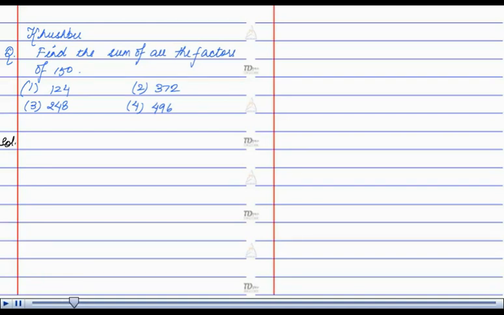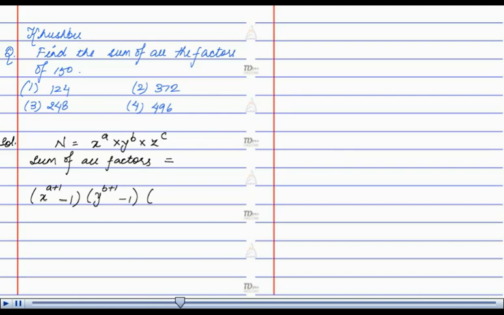We know that if n is equal to x to the power a into y to the power b into z to the power c, then the sum of all the factors of n is given by the formula (x to the power a plus 1 minus 1) into (y to the power b plus 1 minus 1) into (z to the power c plus 1 minus 1) whole upon (x minus 1) into (y minus 1) into (z minus 1).